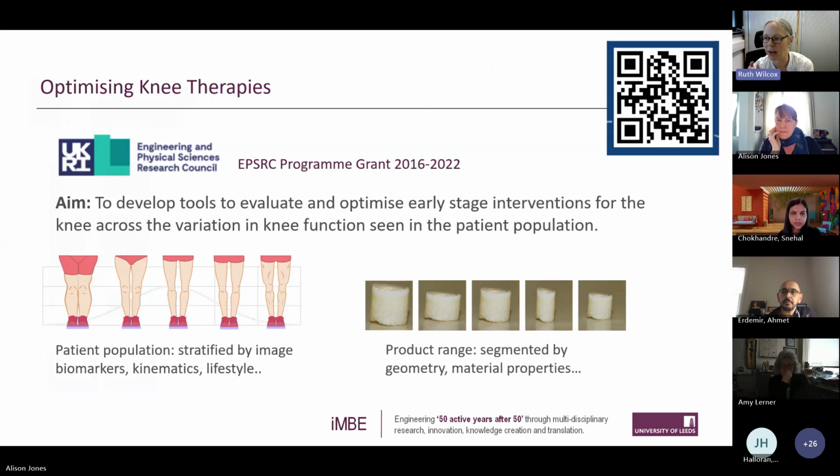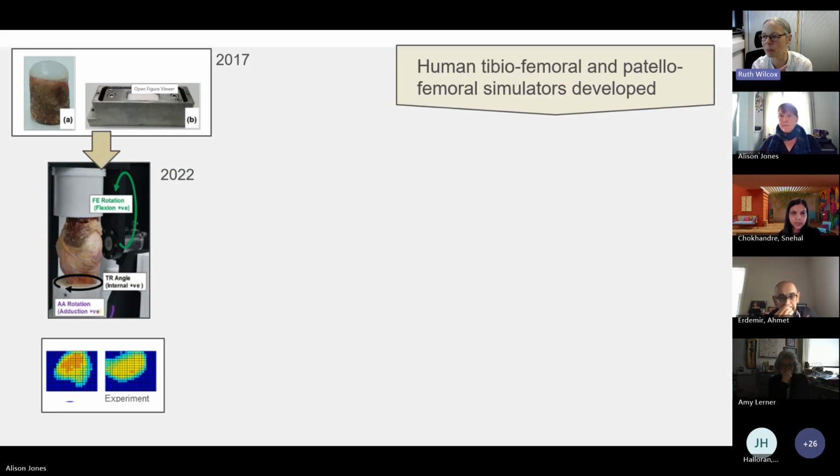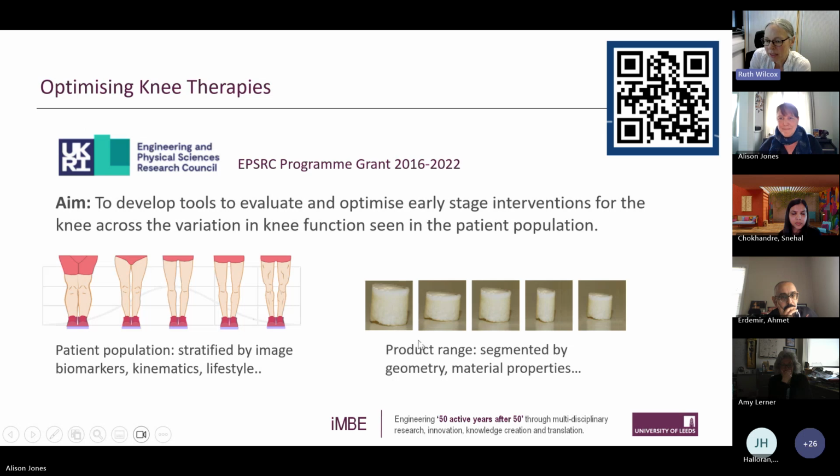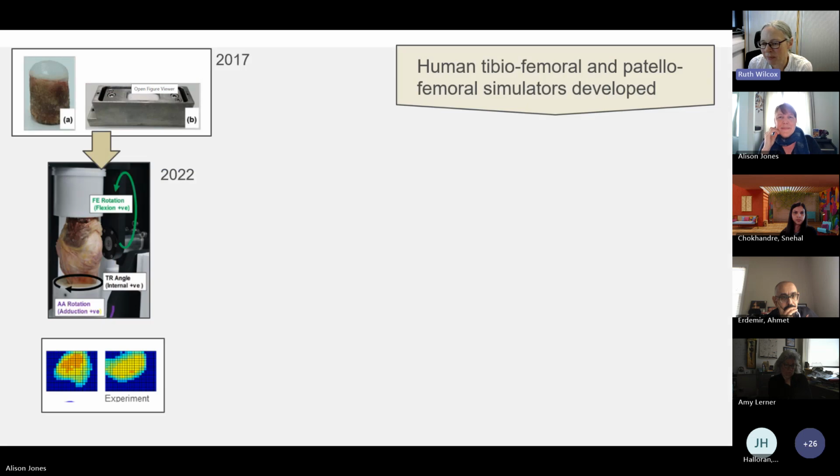But if we can understand how close a match we need, then we can start to match up the patients with the treatments better. So as I said, the program really focused on developing the underpinning methods for this. Next slide, Al.